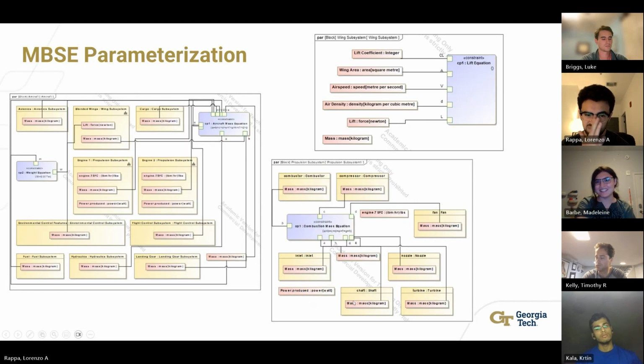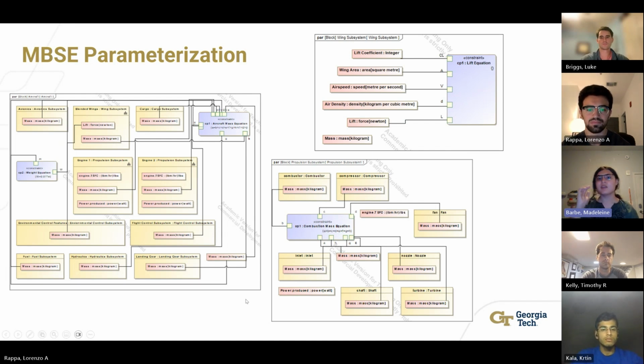Next slide. This here is a parameterization we have achieved for a model via MagicDraw, kind of like the first step in building a digital twin. On the top right is a relation between the lift required for the aircraft with inputs of airspeed, air density, altitude, and wing area.